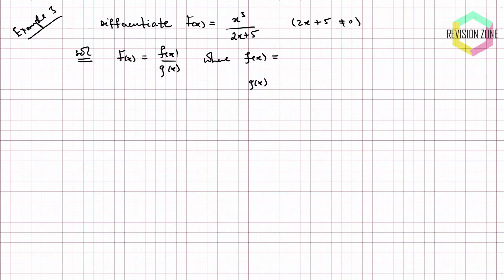So my f lowercase is x cubed and my g lowercase is 2x plus 5. Should have mentioned this: of course, the function capital F is not defined when the denominator is 0, which means 2x plus 5 cannot be 0. Okay, so that's just a technicality we've got to be aware of.